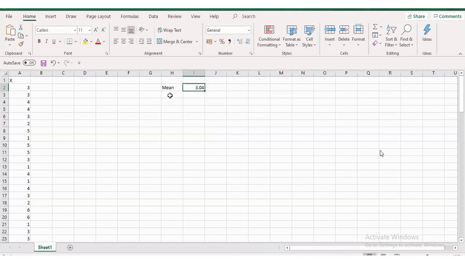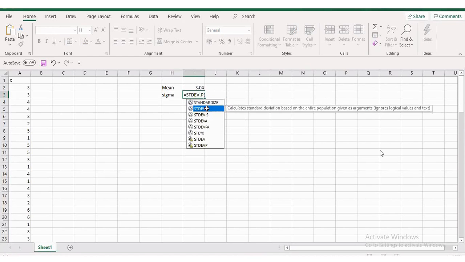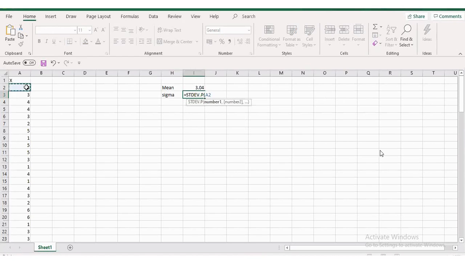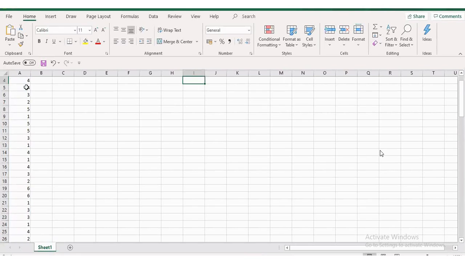Mean equal to this much. What is the standard deviation sigma? Sigma equal to STD. Is it a sample or population? Let's assume a population. Okay, this is what it is.